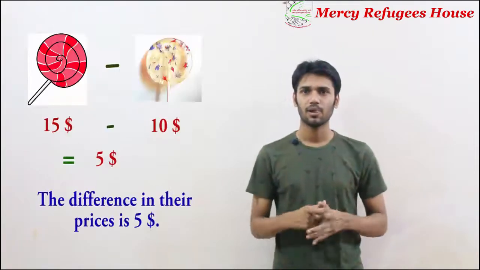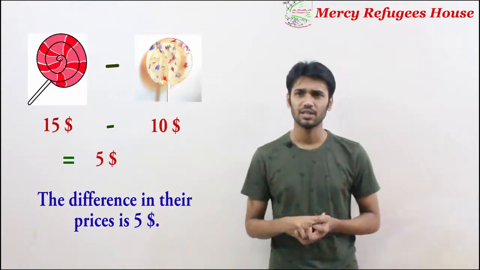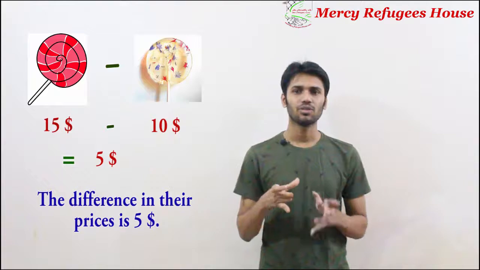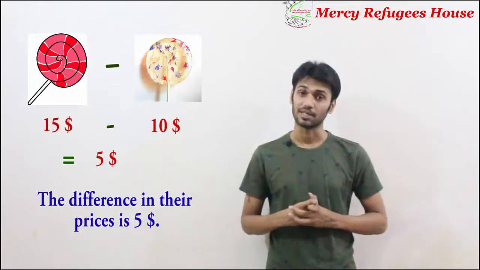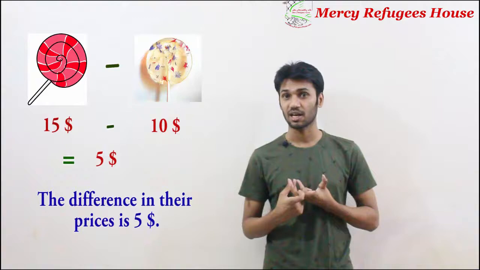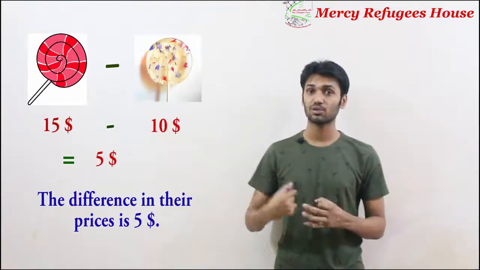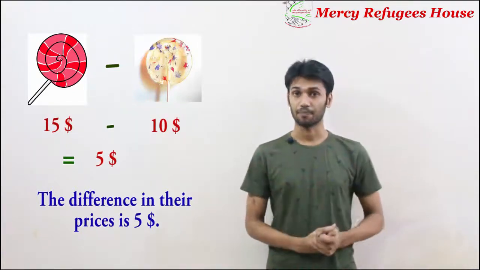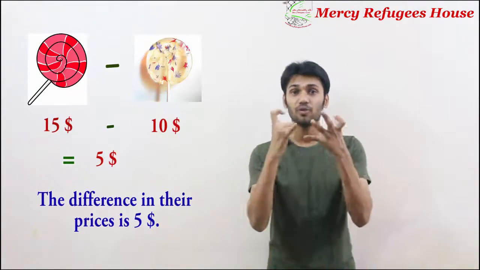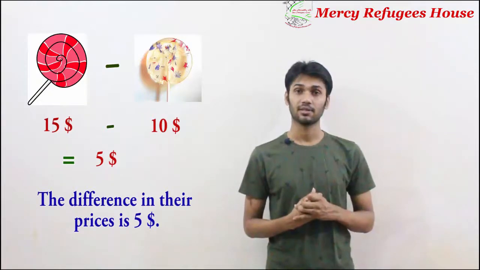Then another one, one of the sweets would cost $10 and another one costs $15. What's the difference between the prices? Means there are 2 types of sweets, just like the previous classes. Now one is costing $10 and another one is costing $15. Now you are being asked what is the difference. That means find out the difference between these 2 prices.